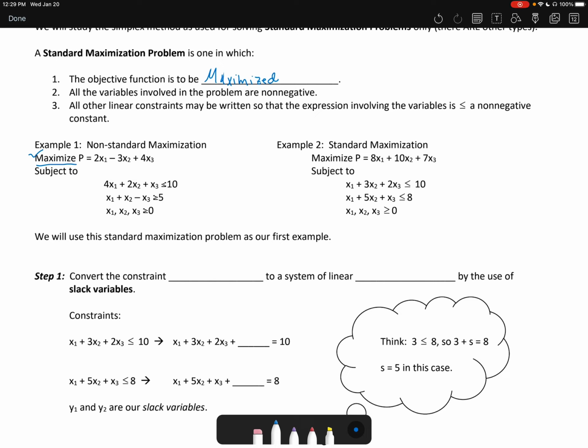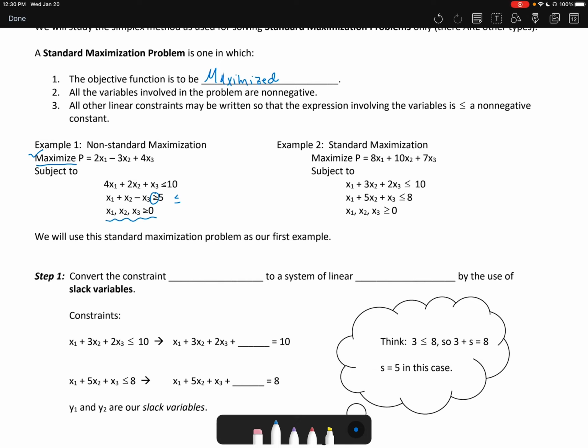But the reason why this one would not qualify is because this right here should be less than or equal to. So your constraints all have to be less than or equal to. And if you think about it, that makes sense because if we're going to be maximizing, we wouldn't want to be out in an unbounded situation. We'd want to be in this bounded area and we'd be finding the maximum. Because if we were unbounded, there probably isn't a maximum.